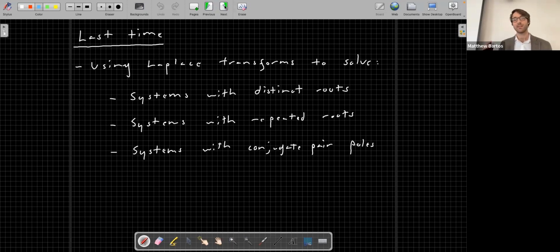And we also looked at the case of systems with conjugate pair poles, and we looked at an example of a structural system and how we could use a technique called completing the square to compute the response for a higher order system using the frequency domain.